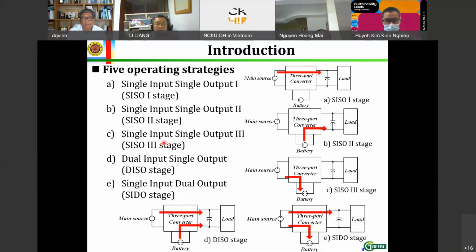In SISO 3, energy transfers from the main source to the battery. Then there is the dual input, single output, the DISO state, with energy from both the source and battery to load. And finally, it is single input, dual output, where the energy from the main source will transfer to load and battery.